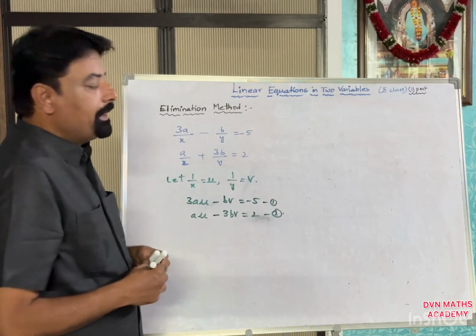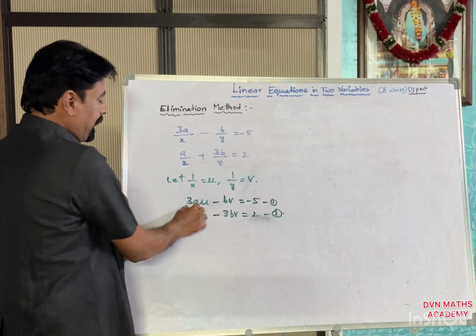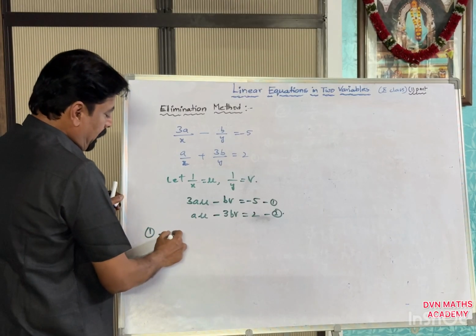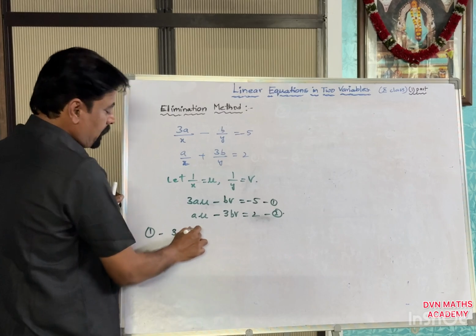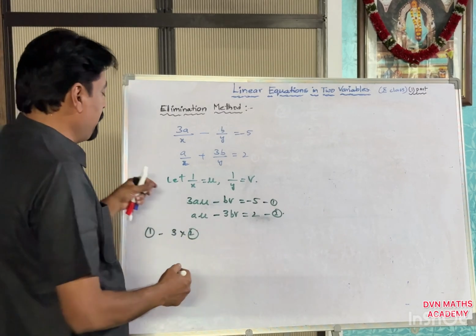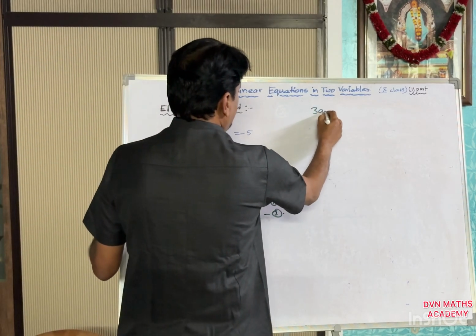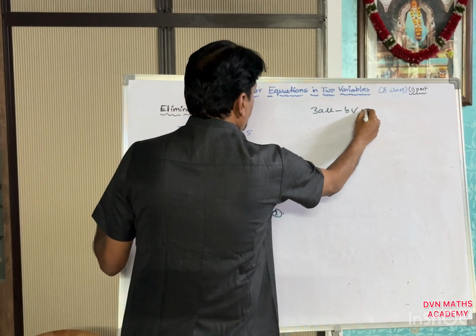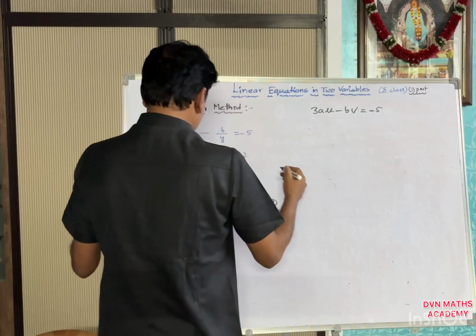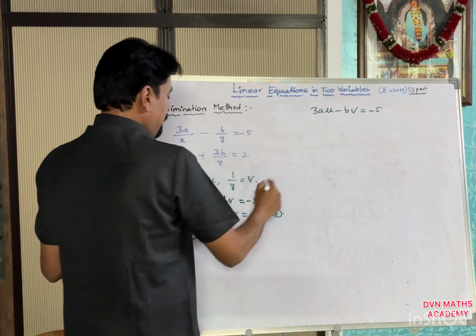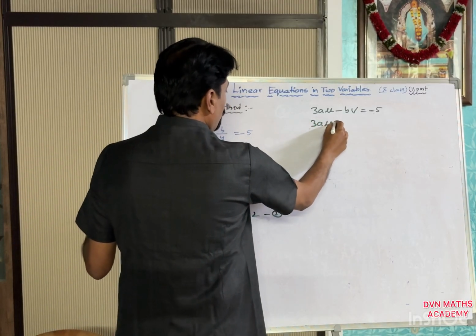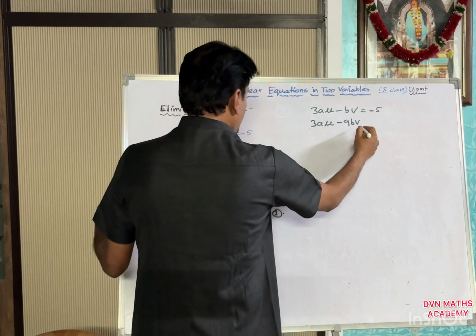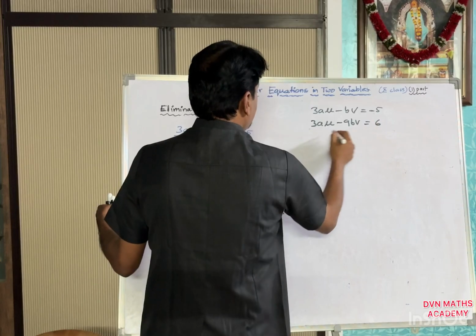What happened, you see? The coefficient of u in the first equation is 3a, and in the second it is a. So take the first equation minus the second equation multiplied by 3. The first equation as it is: 3au minus bv is equal to minus 5, and the second equation multiplied by 3: 3au minus 9bv is equal to 6.